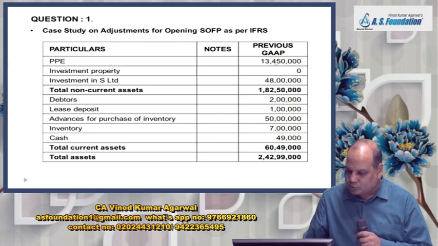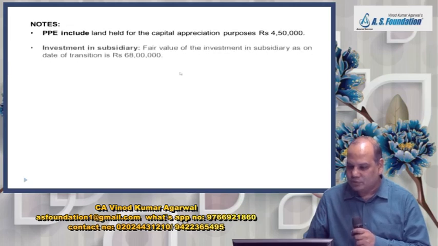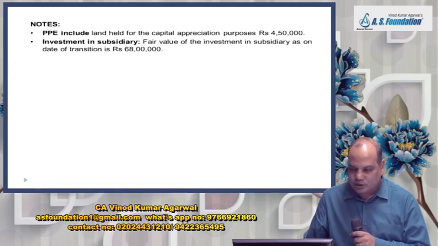So I'll just remove this 4,50,000 from here and I'll put it under the head investment property. That's it. Will it affect reserve? No. Second, investment in subsidiary. Fair value of the investment in subsidiary as on the date of transition is 68 lakh rupees.